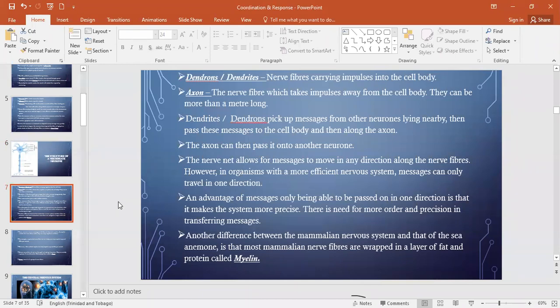Now the thing about how our neurons are designed is that messages can only travel in one direction.